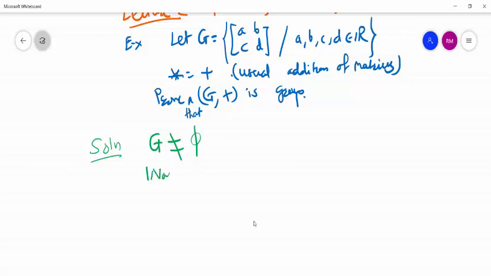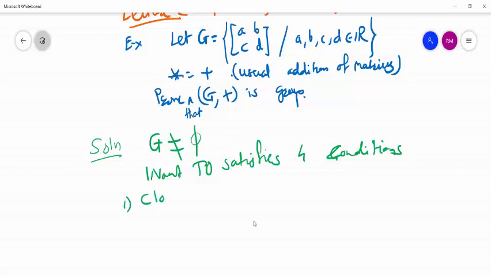We want to satisfy 4 conditions. Which 4 conditions? First condition is G should satisfy the closure property.